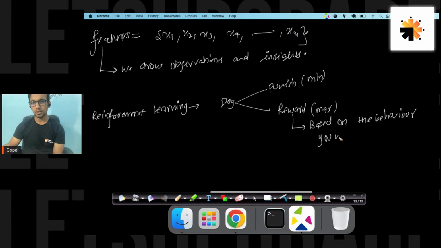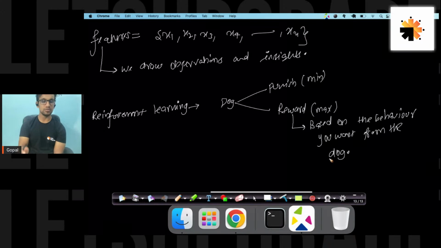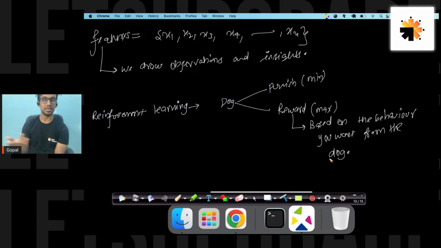You try to maximize the reward based on the behavior you want from the dog. Let's say you ask your dog to play dead. If your dog doesn't do it, you do some punishment on him. And if he does, you give him a cookie or a dog biscuit.